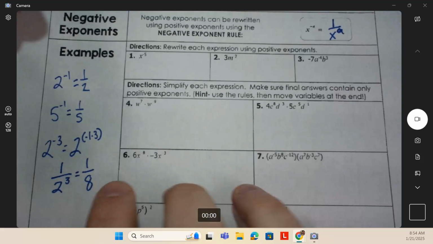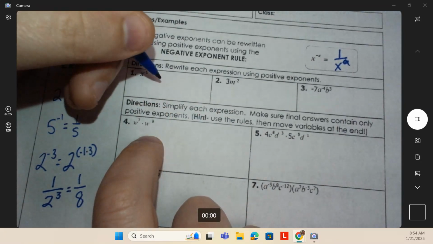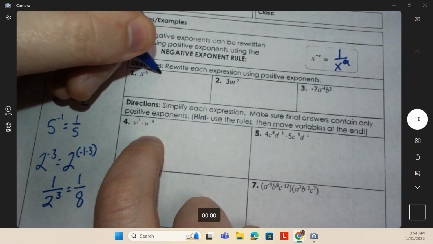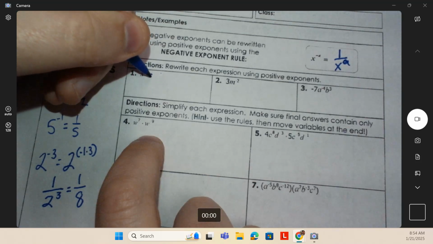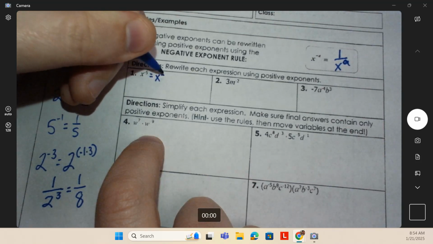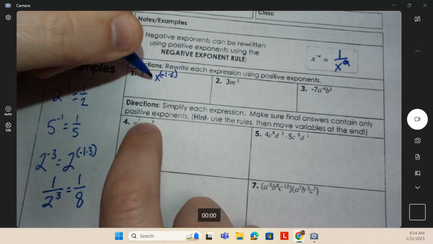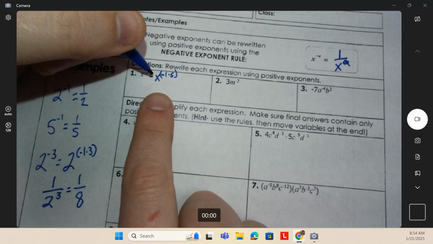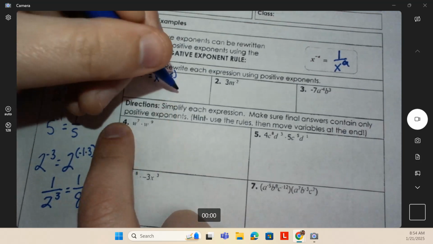Looking at the first one, this is x to the negative fifth. All I will do is pull out that negative 1. Remember, we're thinking of that as x to the negative 1 times 5. And that negative 1 tells us that it's moving to the denominator.